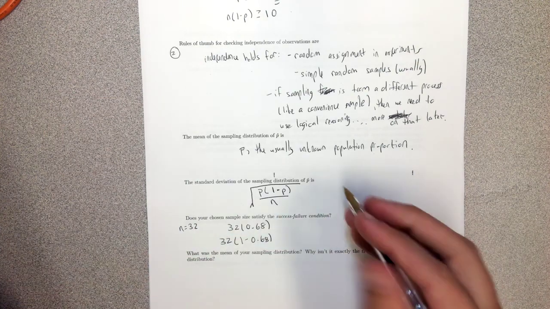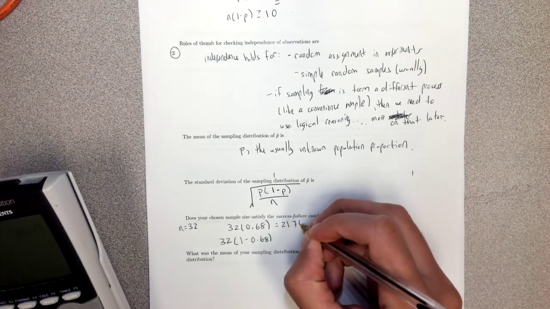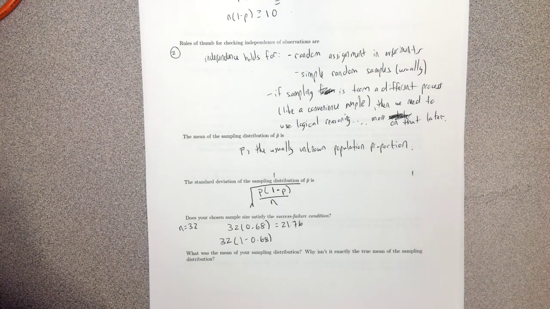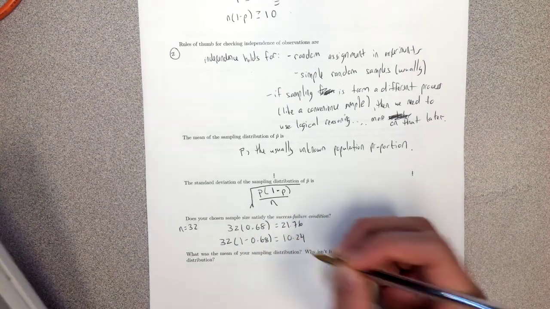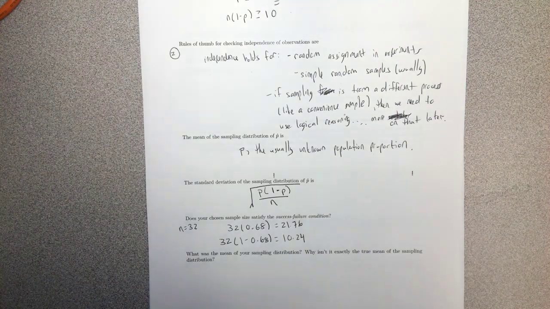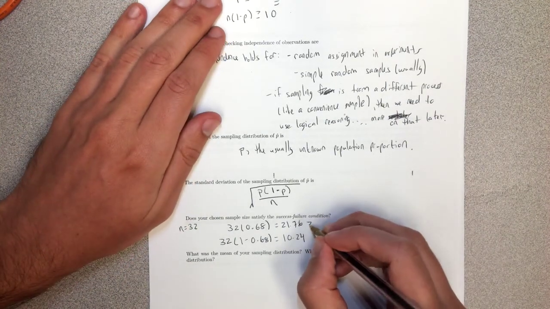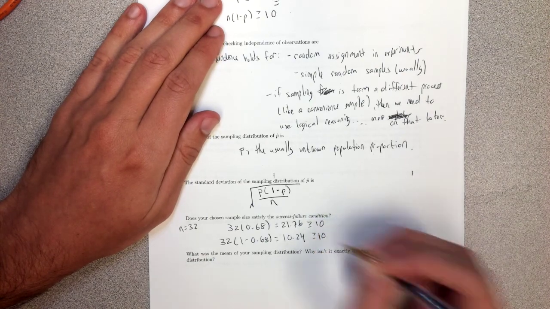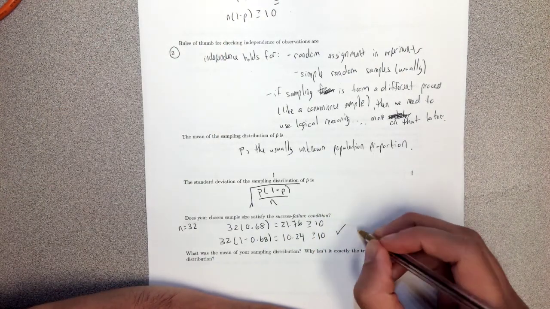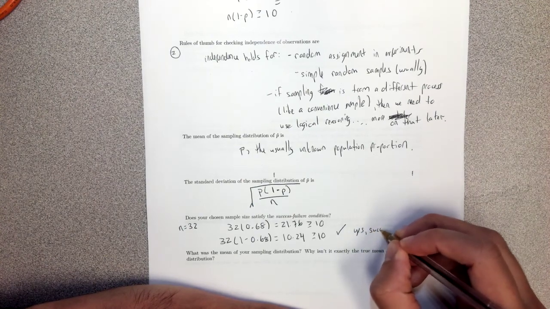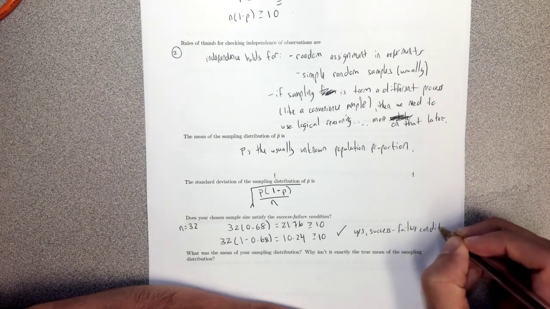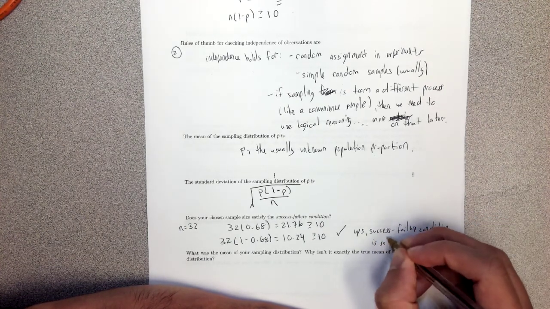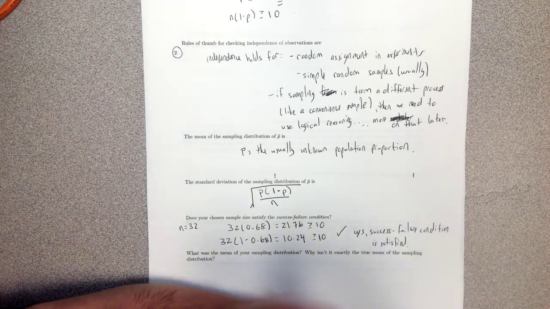I've got the first one as 21.76. The second one is 10.24, and I didn't do that on purpose at all, but it just barely satisfies the condition. And so, yes, the success-failure condition is satisfied. Based on our rule, we'd say that the sampling distribution is approximately normal.